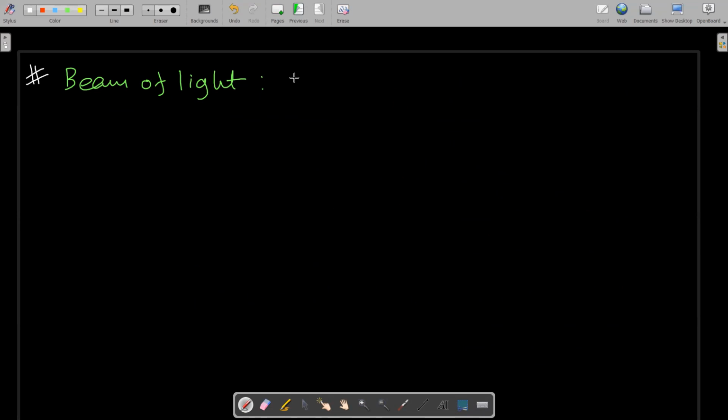It's a collection of light rays. Okay, and now simply we can look at two rays only. दो rays बता के मैं पूरा काम चला सकता हूँ.